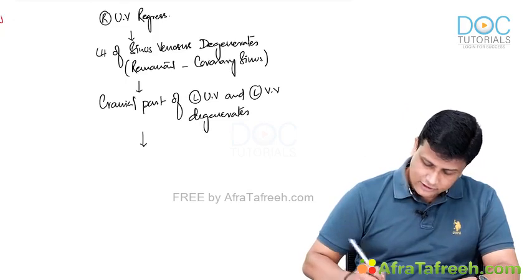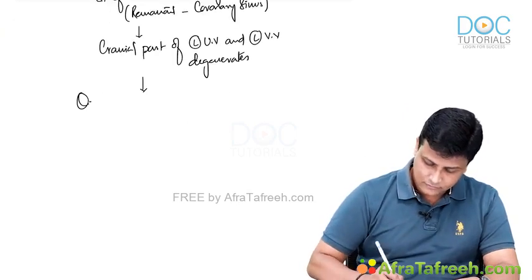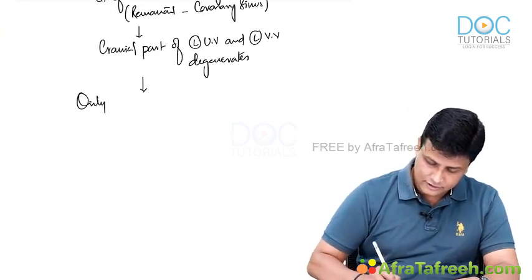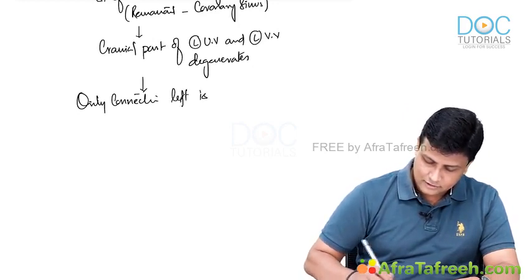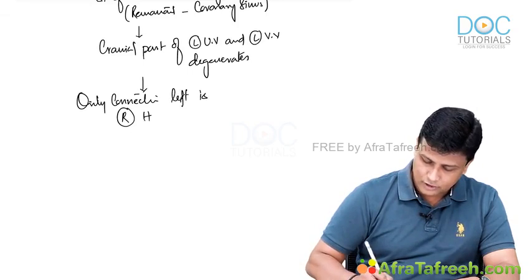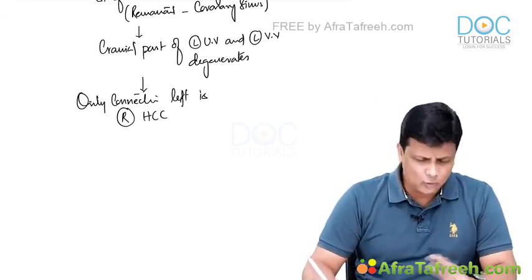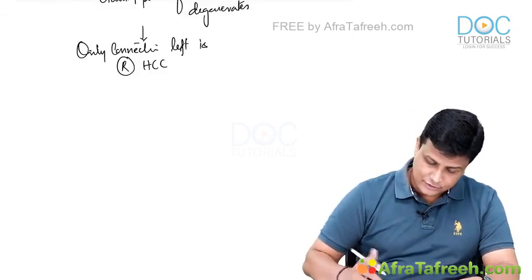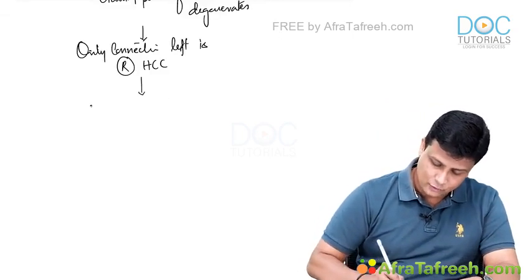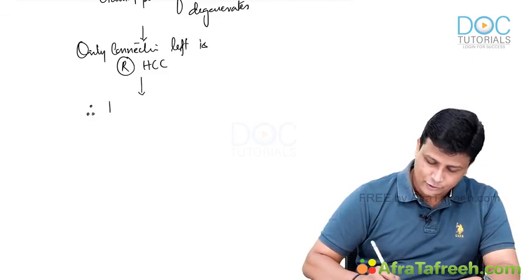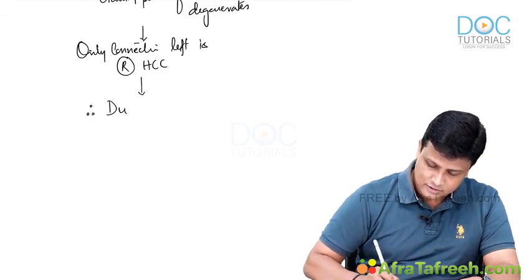Then what is the only connection which is left now? The only connection that is left now is the right hepatocardiac channel. I'm just writing in short. That is the only connection which is left now. So what you have to do right now is form the ductus venosus.